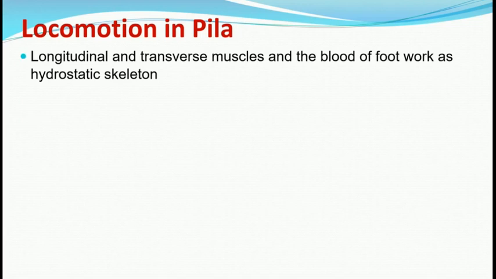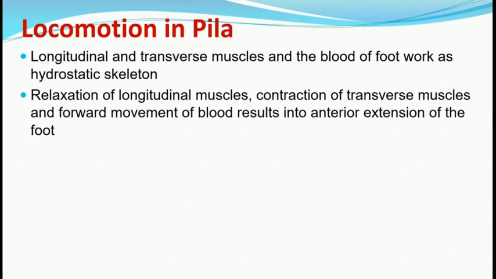So this hydrostatic skeleton is basically composed of longitudinal and transverse muscles and the blood of the foot. This hydrostatic skeleton plays a very important role in the locomotion of Pila. So due to relaxation of longitudinal muscles and contraction of transverse muscles, the forward movement of blood takes place and it results in extension of the foot.